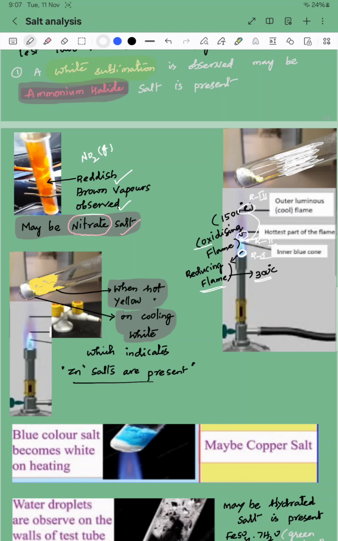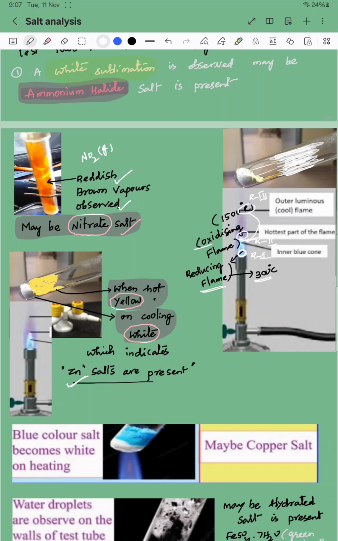Similarly, take the compound in a clean and dry test tube and heat it. When hot it will give a yellow color, and upon cooling it will give a white color, which indicates zinc salts are present. So yellowish on heating and white on cooling, then we can predict zinc salts are present.